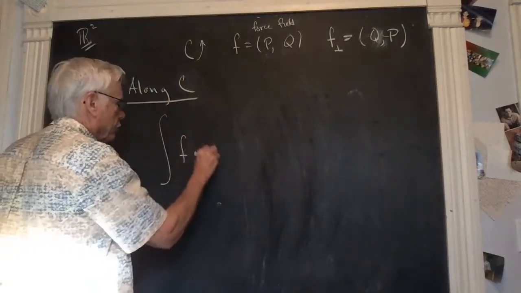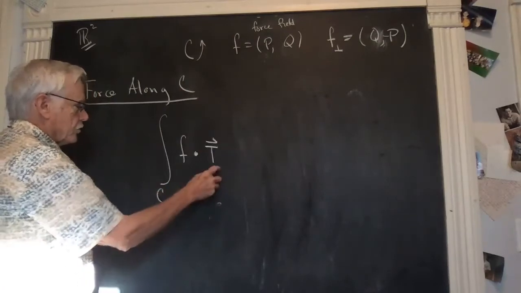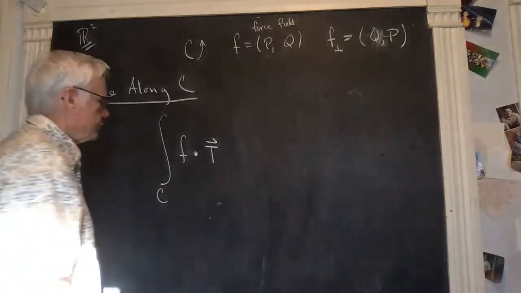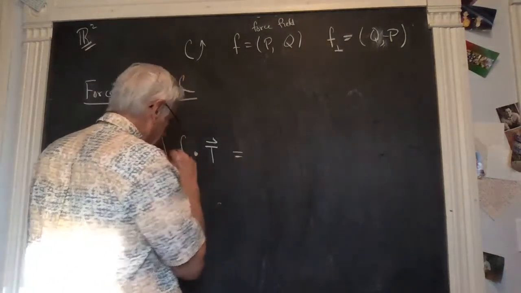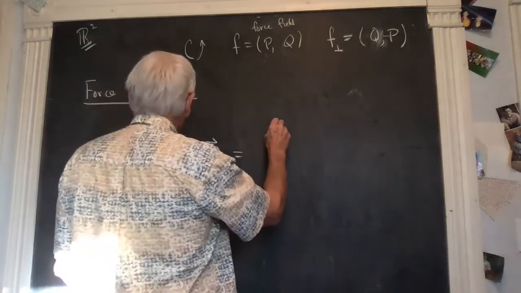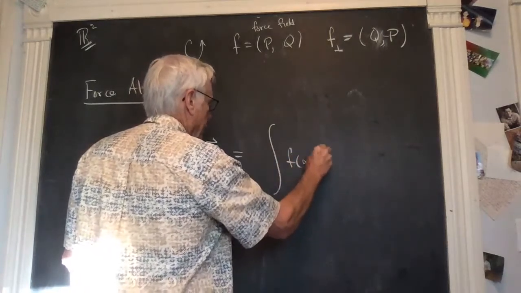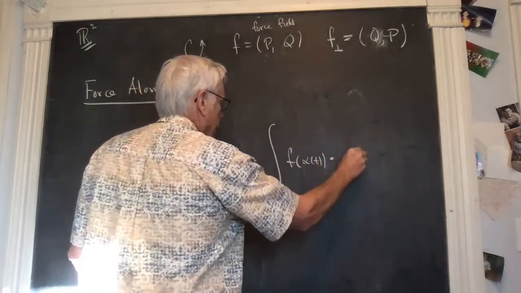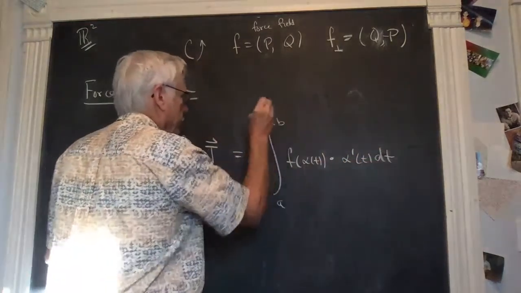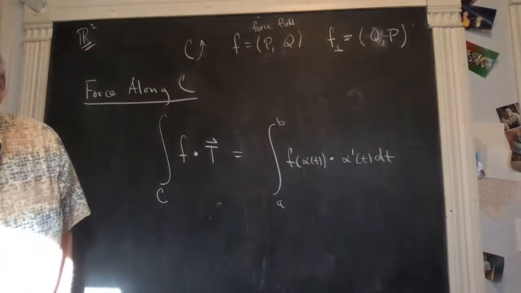We take the dot product with a unit tangent vector along C. T will represent a unit tangent as it has before. If we have a parameterization, this will end up being the integral of F of alpha of t dot alpha prime of t dt, over whatever the domain is. And this is the force that is with you here.